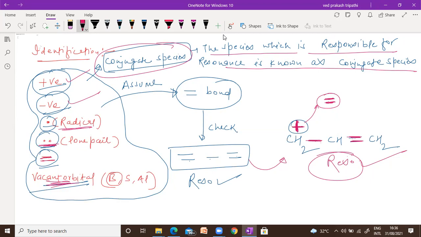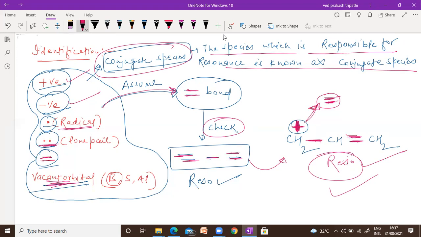So you will have to assume each conjugate species, it may be positive, negative, radical, or lone pair, as a double bond. And after that, you can check double, single, and double. If double, single, double is there, then you can say it will show resonance. And you can see here we have a positive charge, so you can assume this one as a double, and double, single, and double.